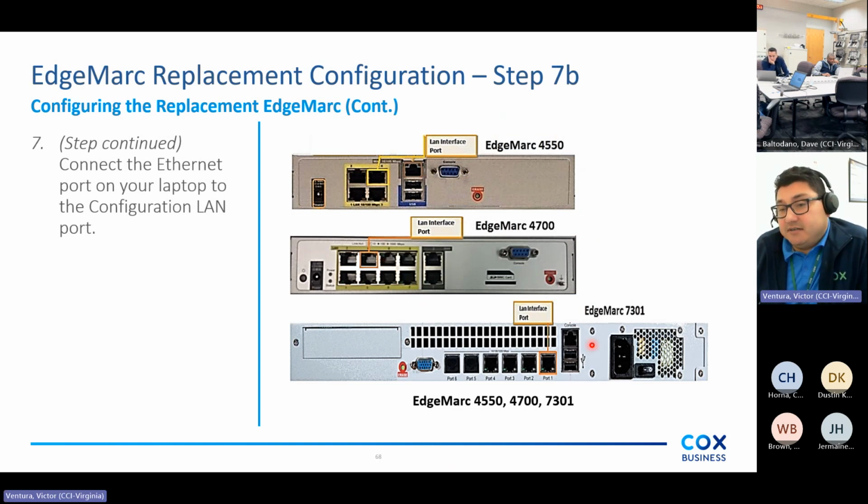7301 is a little bit different. It's on port 1. Now, I don't see a technician working on a 7301 often because they are very, very few and far between.